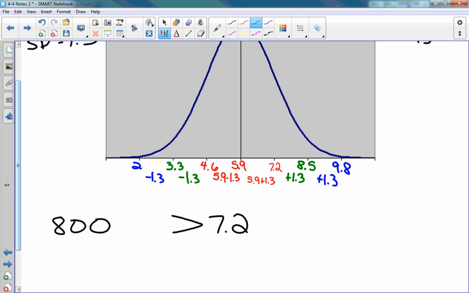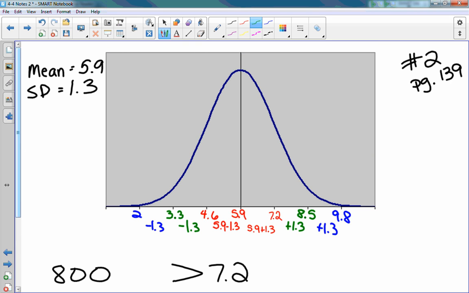Where on this curve is the grade higher than 7? There's 7.2. A grade higher than 7.2 is going to be over here, right? What percentage of the bell curve is that? 13.5 is between here and here, if you look at your chart.